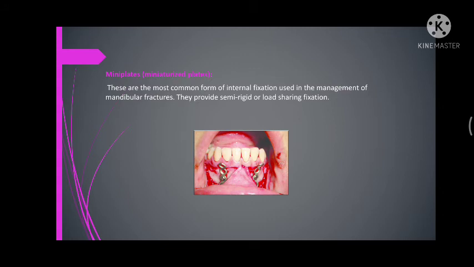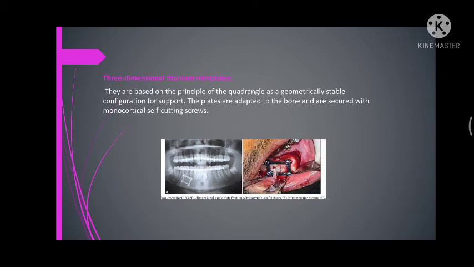They provide semi-rigid or load-sharing fixation. Three-dimensional titanium mini plates are based on the principle of the quadrangle as a geometrically stable configuration for support. The plates are adapted to the bone and secured with monocortical self-cutting screws.